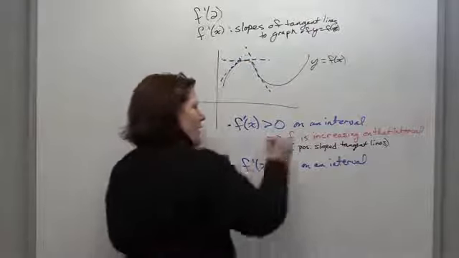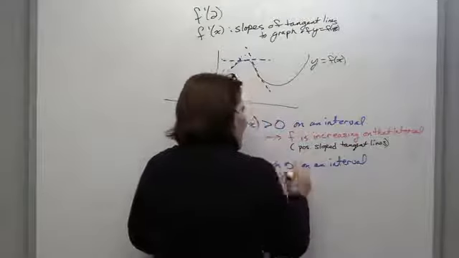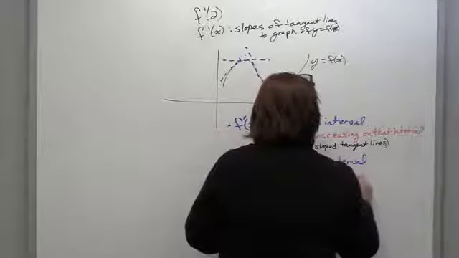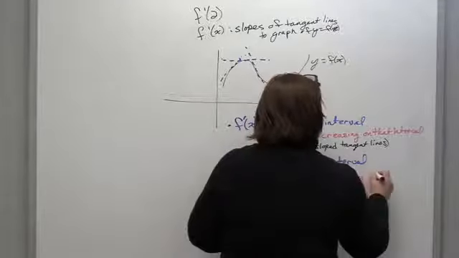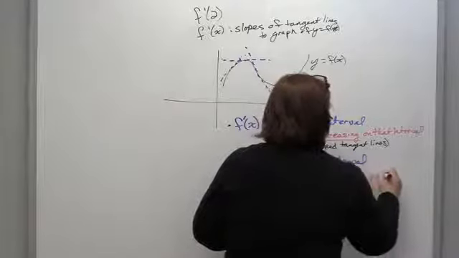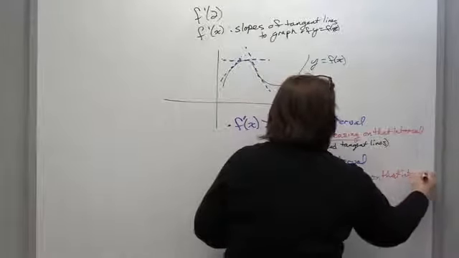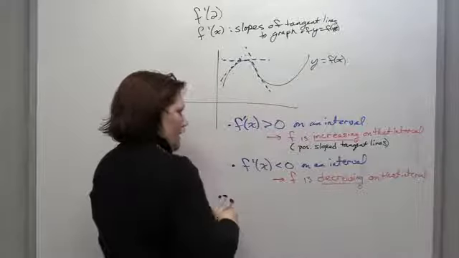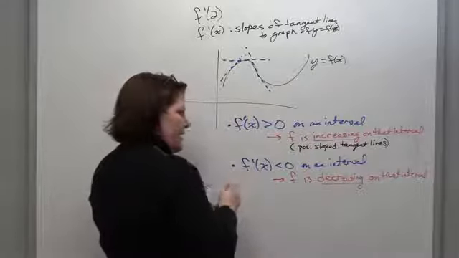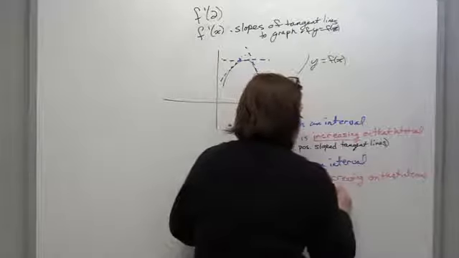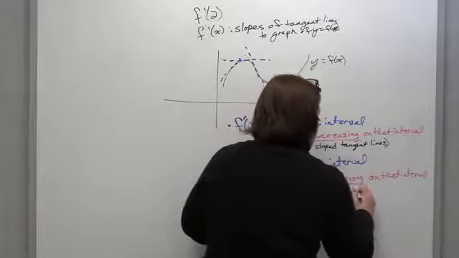And on that interval, then, f is decreasing, and it's because we have negatively sloped tangent lines.